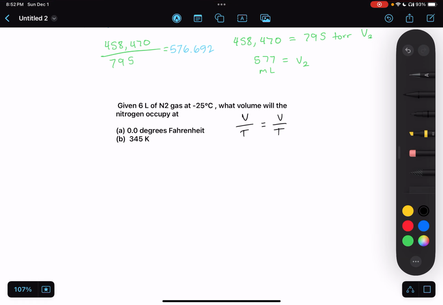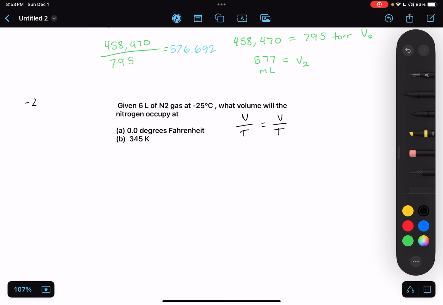So we have to convert negative 25 degrees Celsius to Kelvin. Look it up. We're looking at it real quick. So at negative 25, we got 248.15 Kelvin.